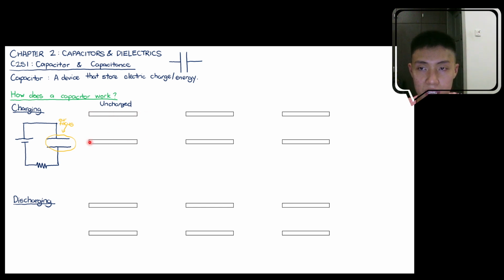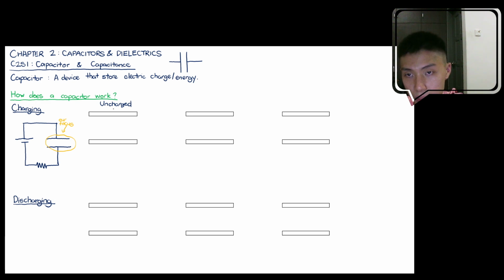This is representing the two plates. As you can see in the diagram here, I'm connecting it to a battery and a resistor. But again, the resistor is not my focus for this particular section. Later on in section 3, I will talk about it. But for now, it is not the focus. So I'm just going to draw it connected to the battery for now.